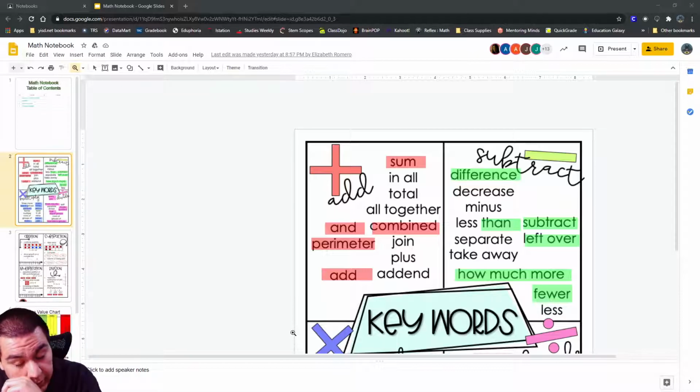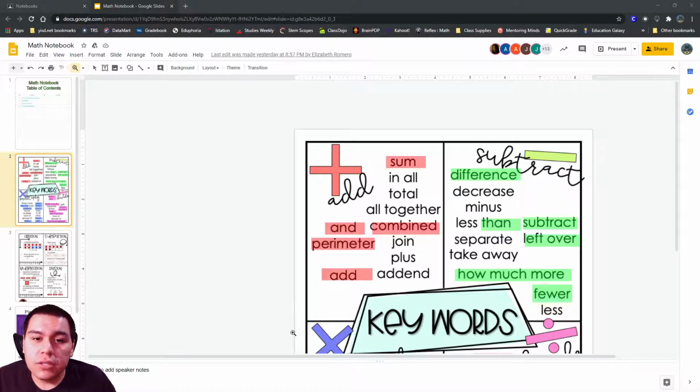What's another sentence that we might use that would show that we need to use some addition?